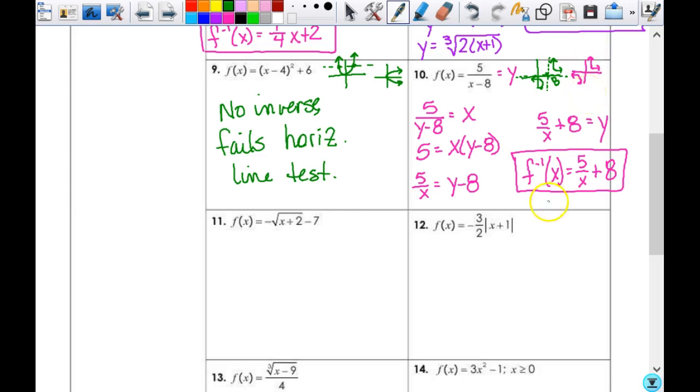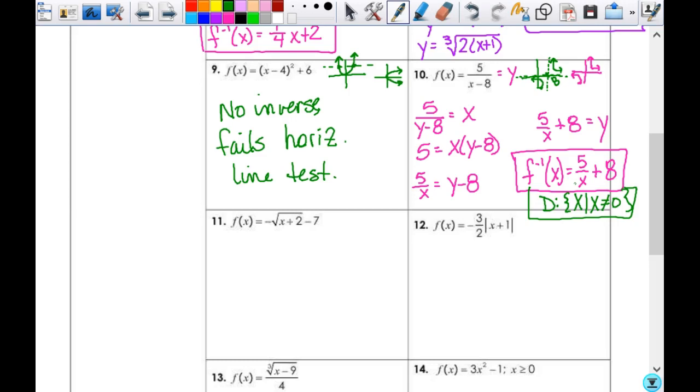So that means my domain here would be all the x's such that x cannot equal 0. Or I could say from negative infinity to 0 and 0. But I also can tell from this that I can't divide by 0. Okay? But what happens with the inverse is that the original domain and range, they just switch places. Domain becomes range and range becomes domain. Okay? We good with that? And that'll help you understanding that with some of them.